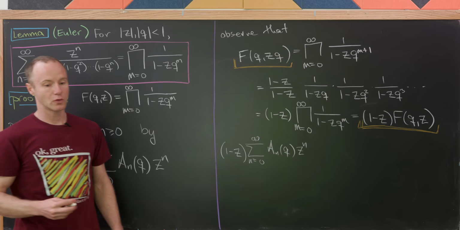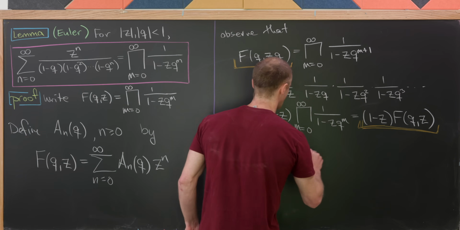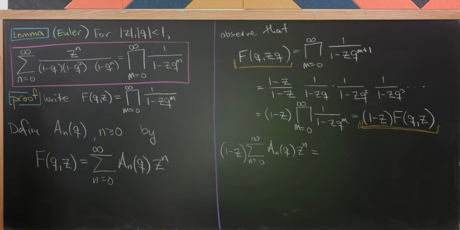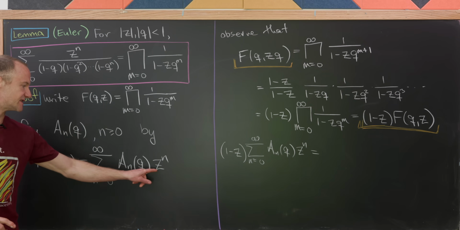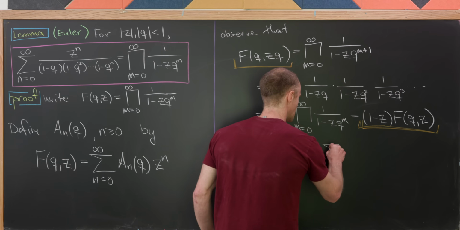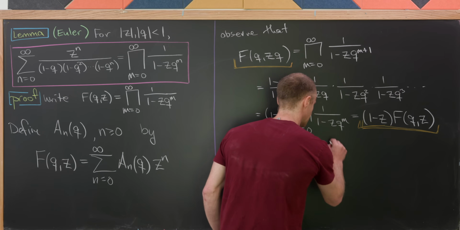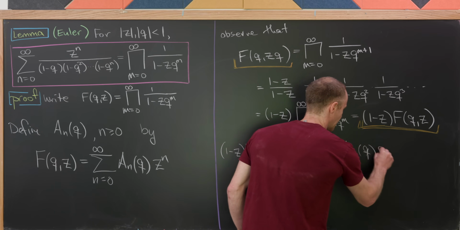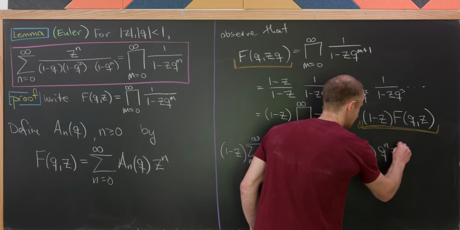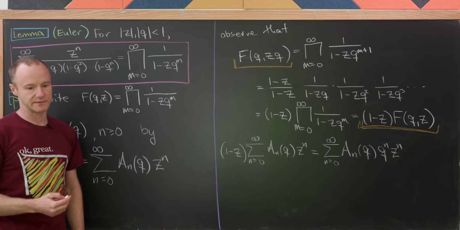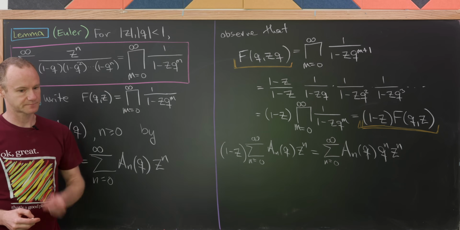We know that that's equal to f of q, z q, but we can get that by replacing every z here with z times q. So that's going to look like this. We'll have our sum as n goes from 0 to infinity, a sub n of q, and then we'll have q to the n, z to the n, because we replaced z with q times z. I think that's pretty clear.